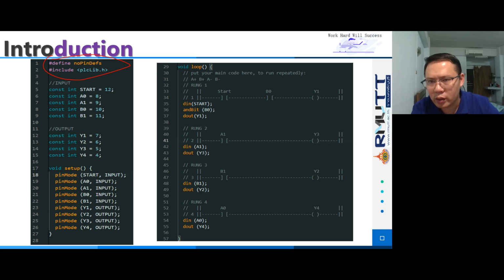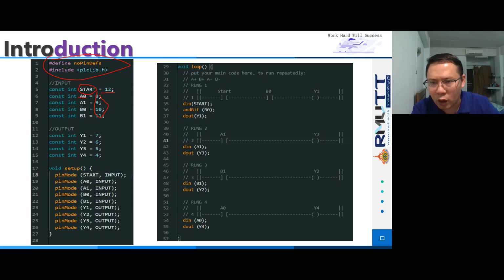Set the start switch to connect to pin 12. The A0 limit switch, A1 limit switch, B0 limit switch and B1 limit switch connect to pins 8, 9, 10, 11 of the Arduino board.